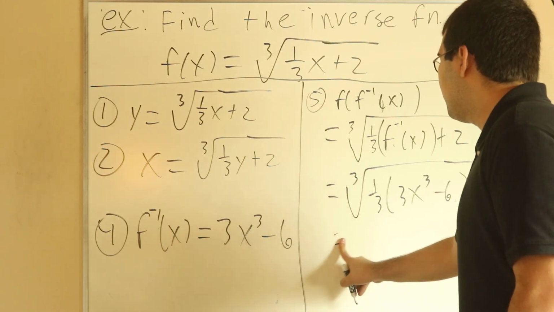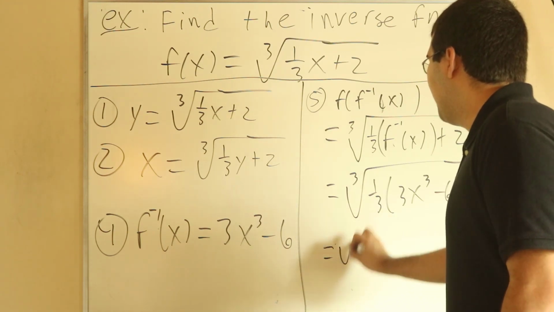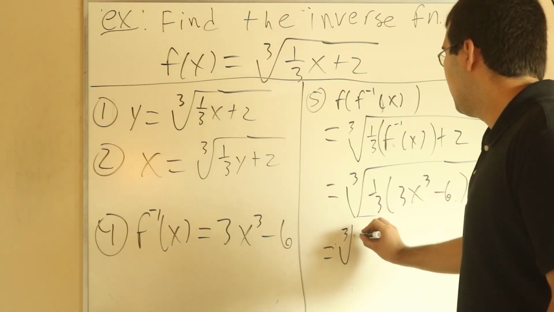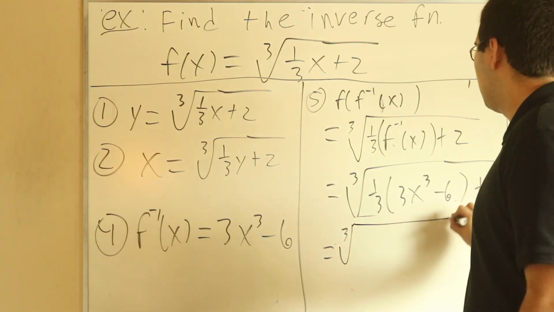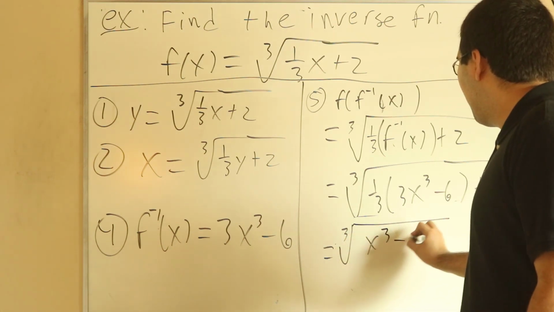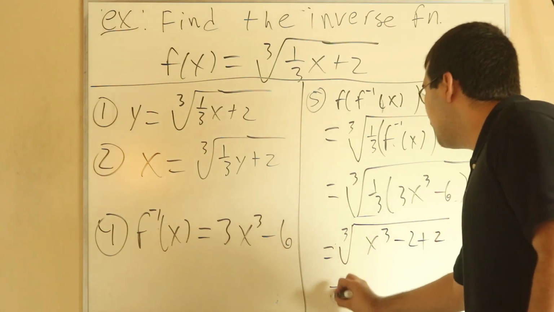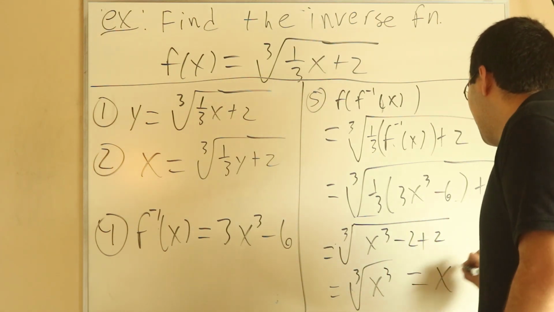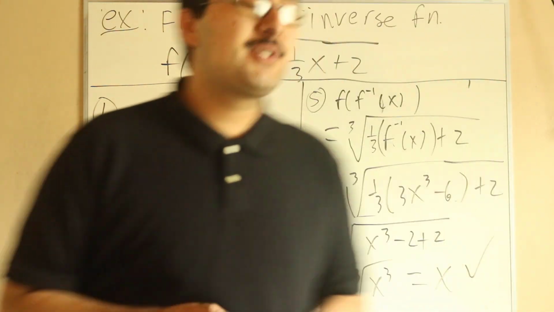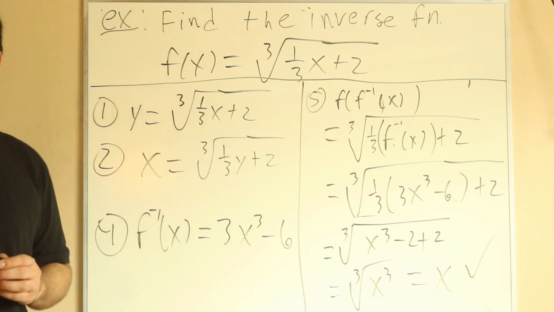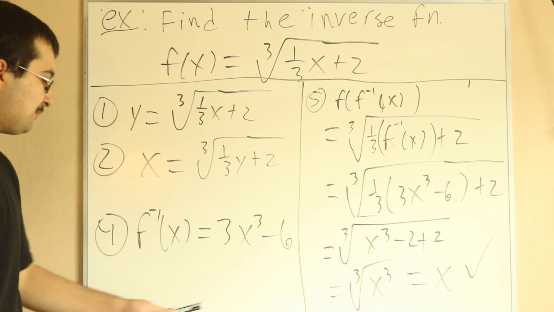Multiplying the 1/3, I get the cube root of x cubed minus 2 plus 2, which is just the cube root of x cubed, which is just x. So yet again, my check holds. I have the evidence to now claim that this is indeed the inverse function for f of x.